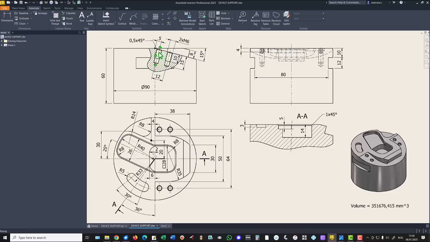Dimensions are 12 millimeters between the centers, 5 millimeters from the edge, this edge, you see, 2 holes of metric 6, and the thread is 10, the hole is 15. Don't forget this chamfer, and also don't forget this chamfer.